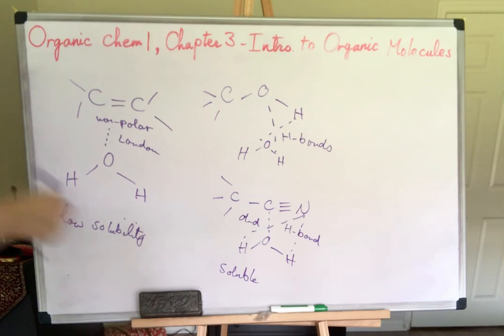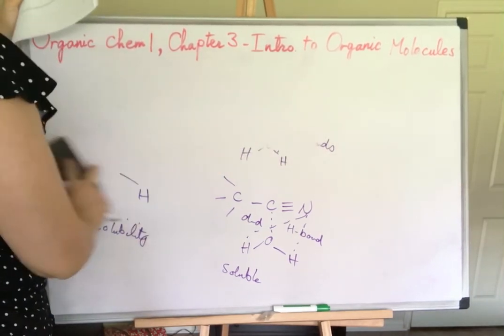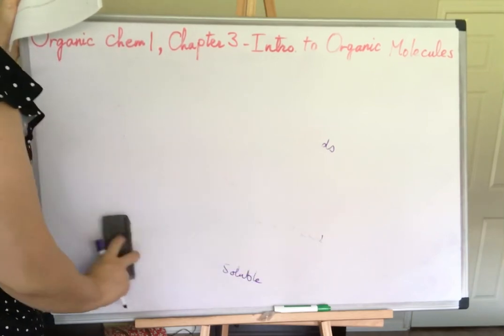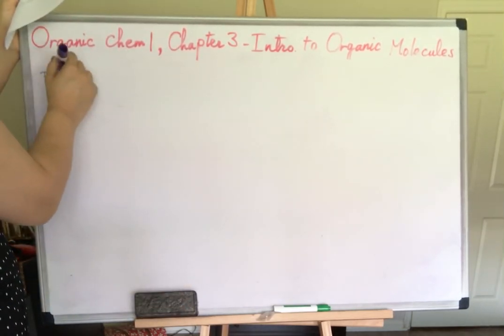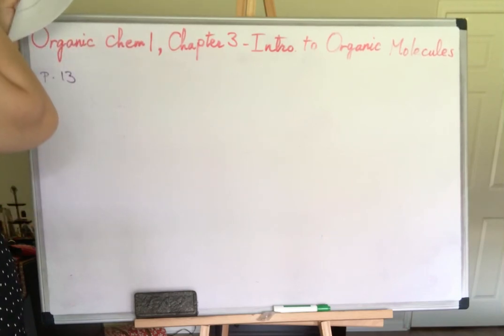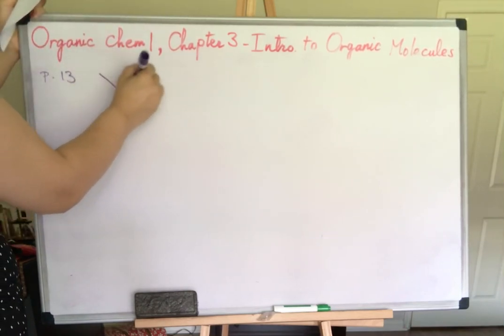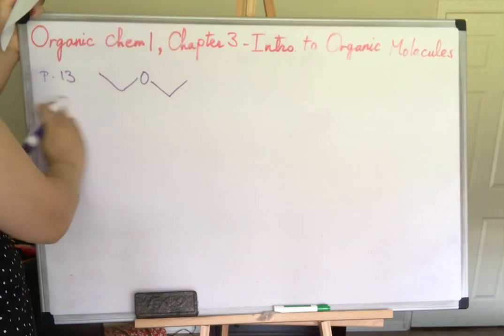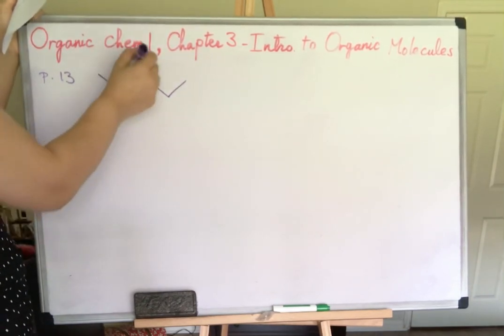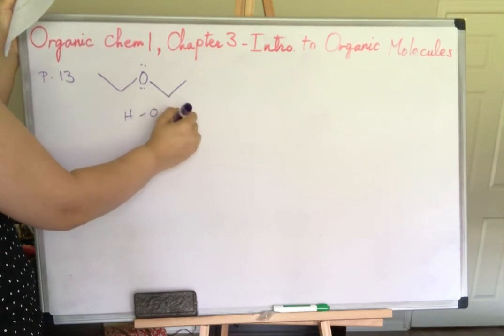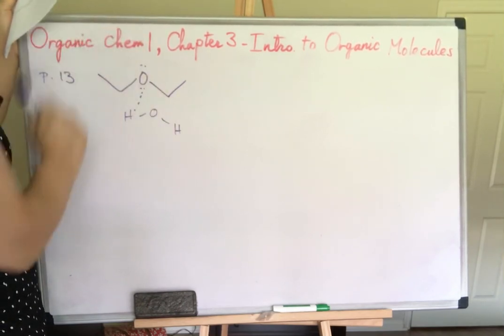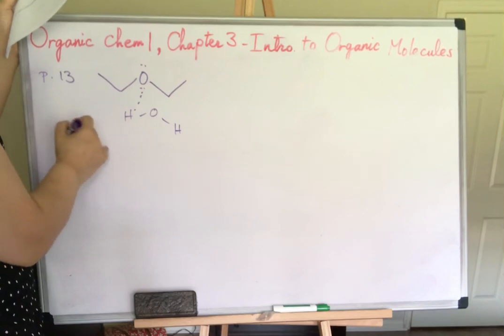Moving towards page 13. Which compounds are expected to be soluble in water? Again, just go with the possibility of formation of hydrogen bond. If you see the oxygen, it can form the hydrogen bond with water.